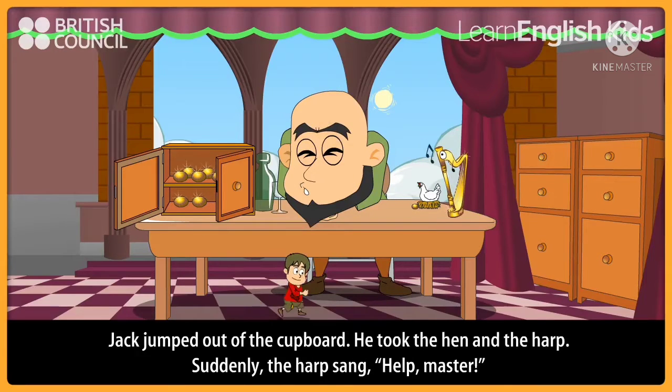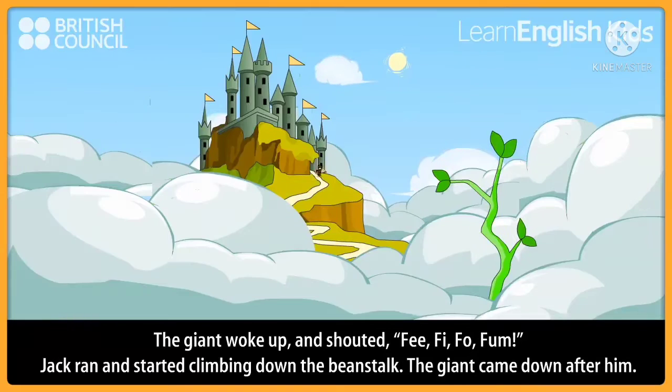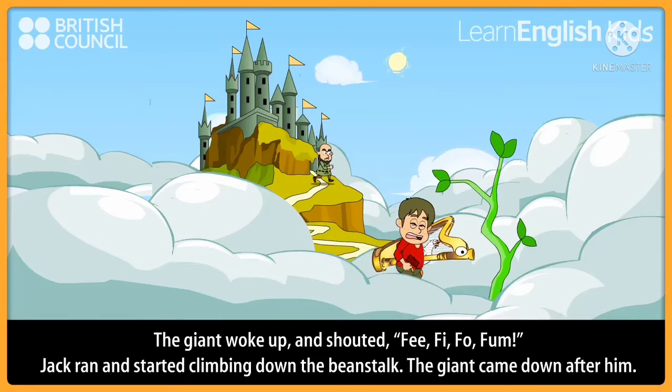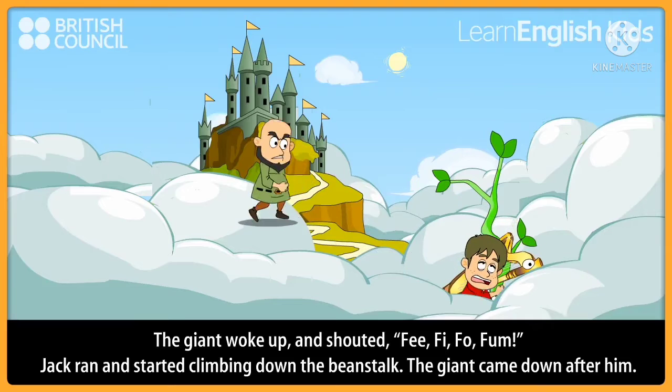Jack jumped out of the cupboard. He took the hen and the harp. Suddenly, the harp sang, "Help, master!" The giant woke up and shouted, "Fee, fi, fo, fum." Jack ran and started climbing down the beanstalk.